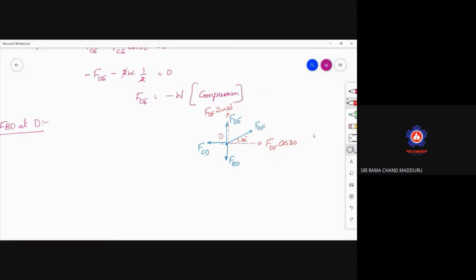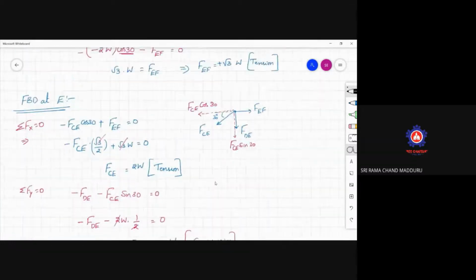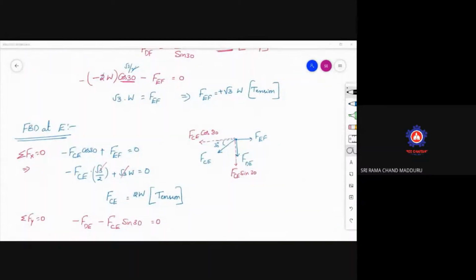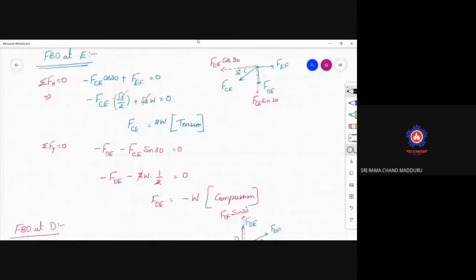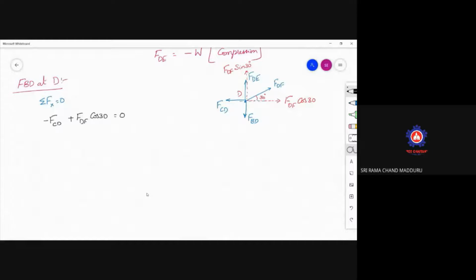Now write down the equations. Sigma Fx equal to 0. Now for this one, minus FCD, since the force is going in the negative direction, minus FCD plus FDF cos 30. What is the force in DF? Any one of you tell me what is the force in DF? Minus 2W. It is minus 2W.